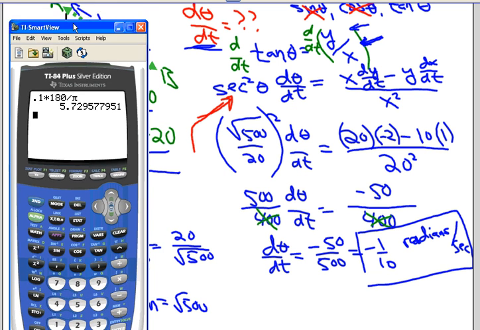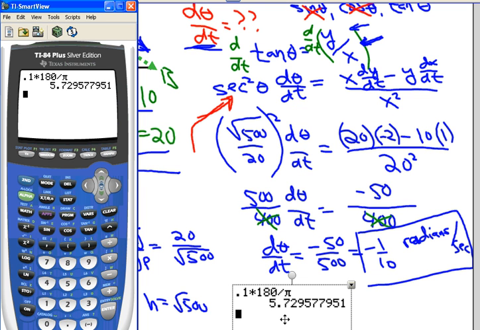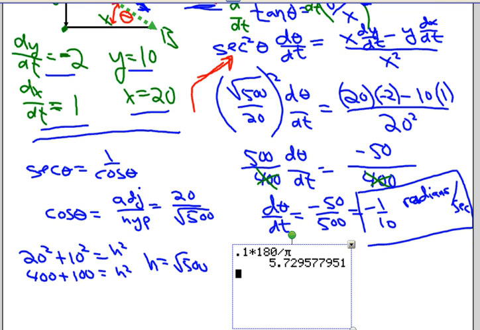And we take that, and no big surprise, I hope, but we get 5.729. I'd be tempted to keep 3 decimals personally, just in good practice for the AP. So I would say d theta dt, it's always okay to give extra decimals, is negative 5.729.